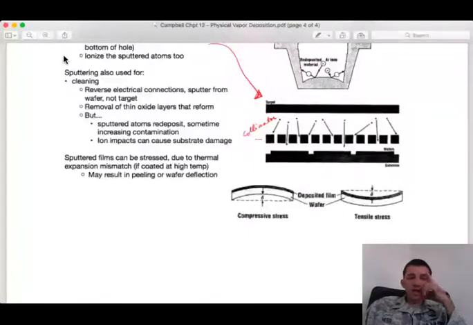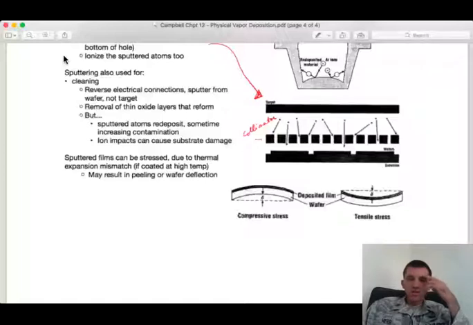Sputtering is not only useful for metal deposition, right? You could reverse the polarity and use that same plasma to clean your surface. So you would sputter from the wafer, not the target, which allows you to remove that initial thin oxide that forms very rapidly on silicon under atmospheric conditions.